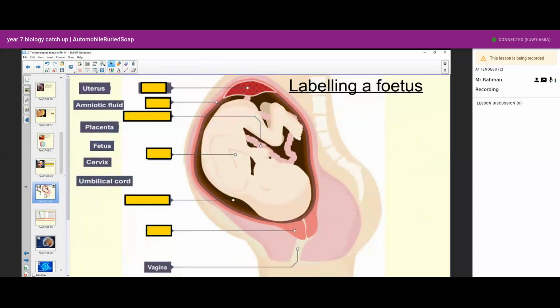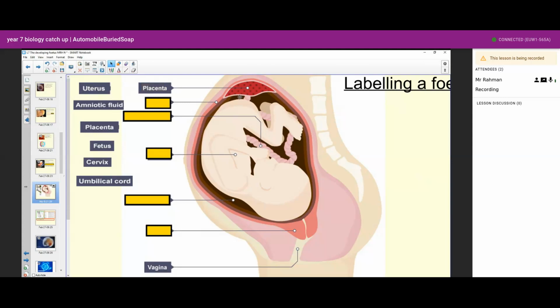Right, so on the next slide we have a diagram of a fetus, and we need to be able to label a fetus. The very top label, this plate-like structure, is the placenta.